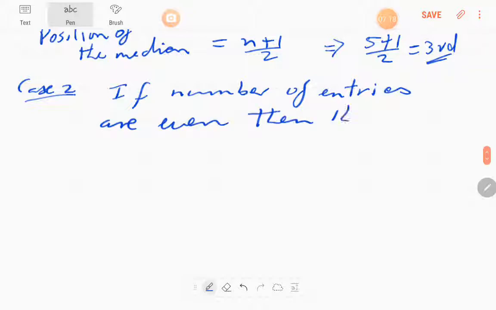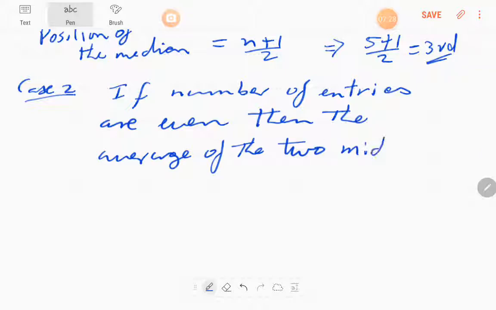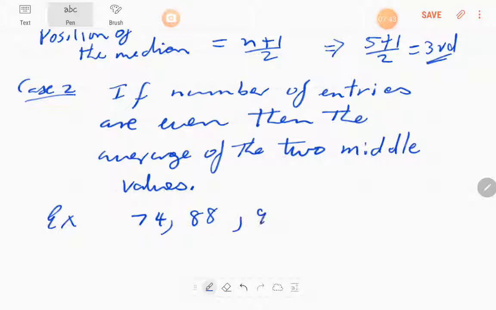then the median is the average of the two middle values. So for example, if we have 74, 88, 90, 92, 105, 110.